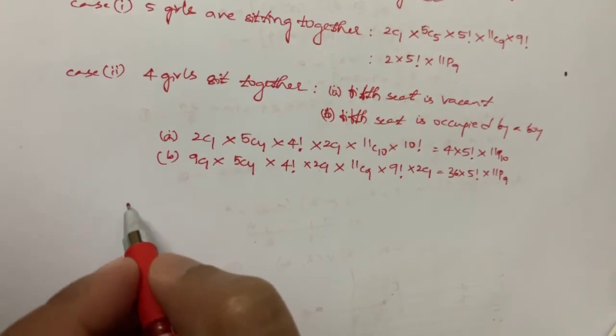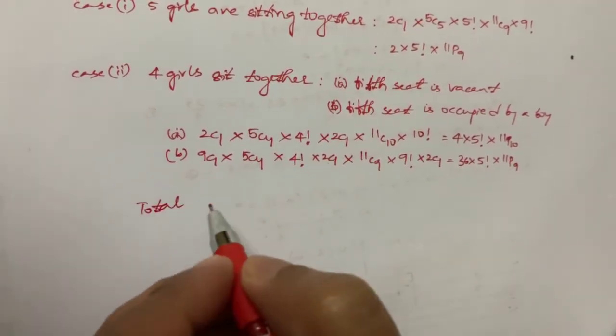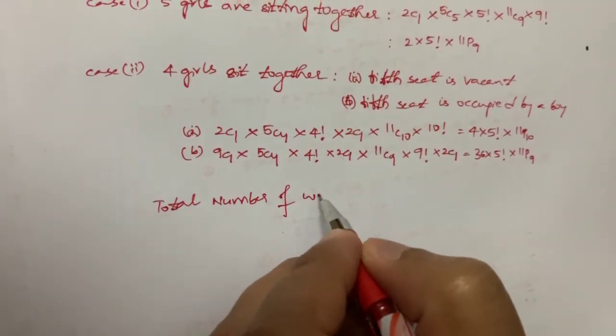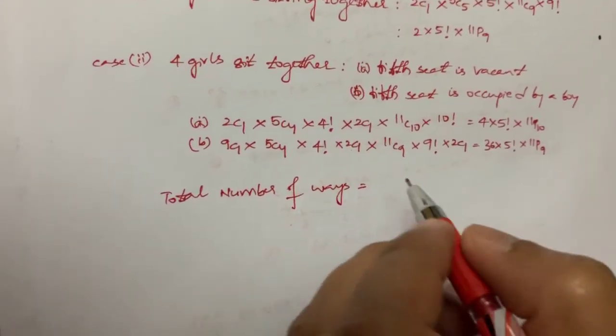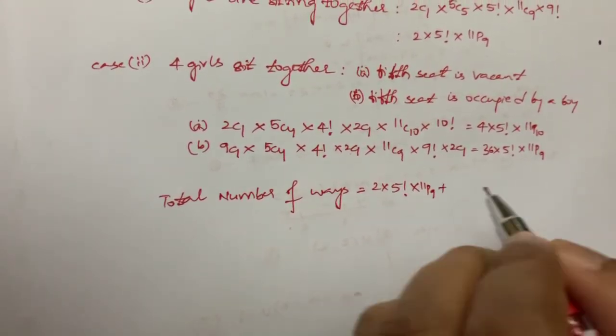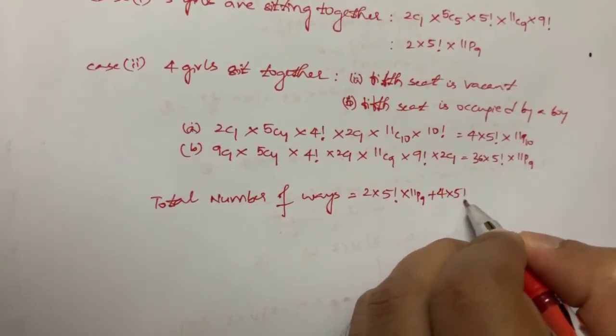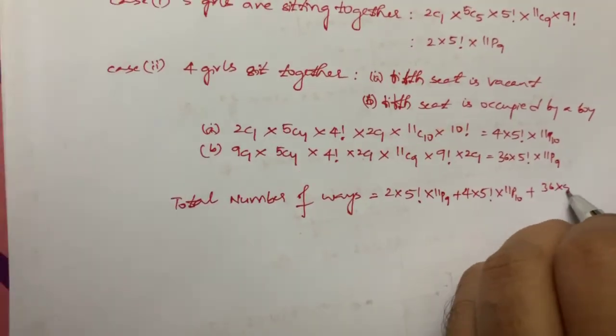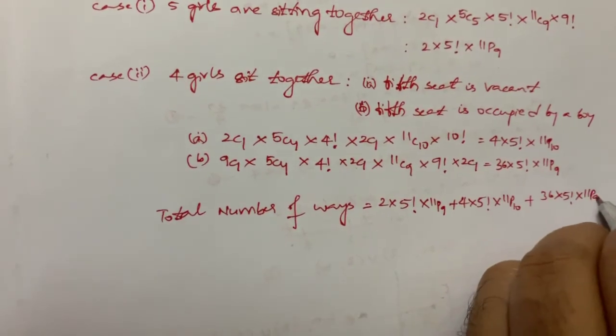So the total number of ways is equal to 2 into 5 factorial into 11P9, plus 4 into 5 factorial into 11P10, plus 36 into 5 factorial into 11P9.